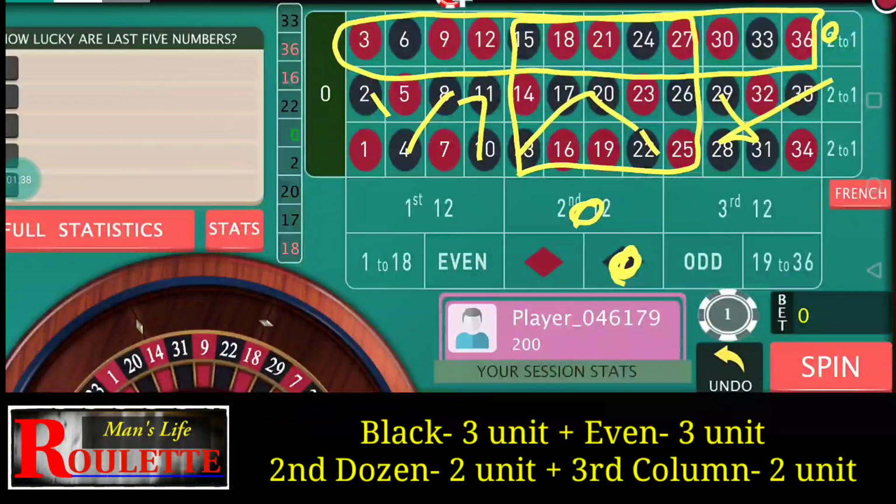And one more thing is that we have to put another bet at even numbers. It will cover a few of the red numbers also. These are 2 red numbers, and also remaining red numbers, and all these black numbers.